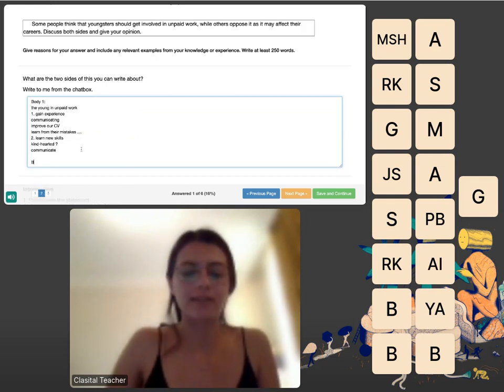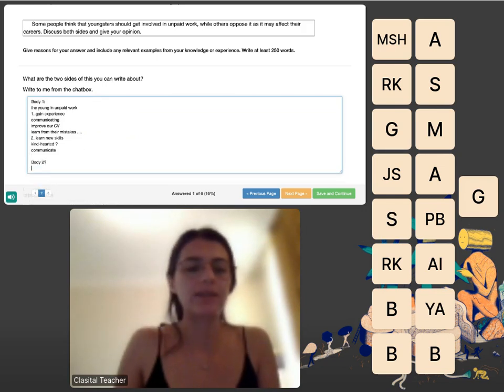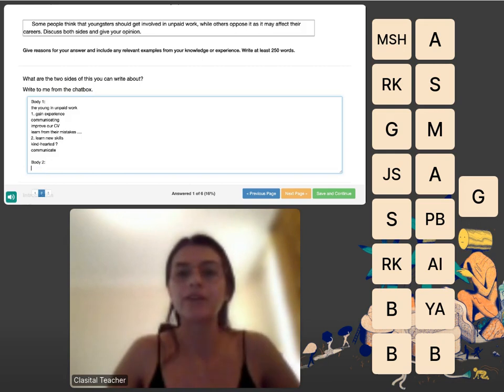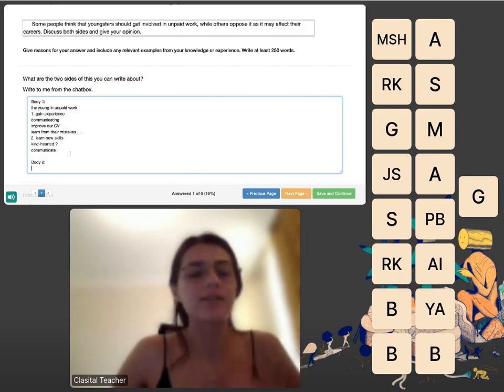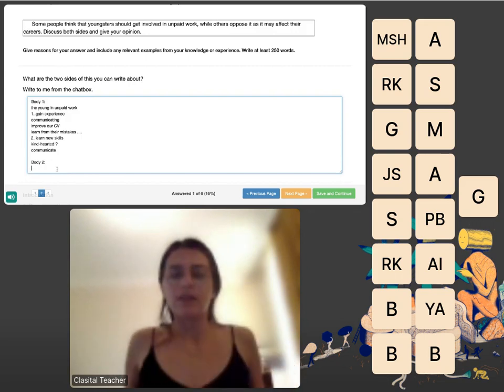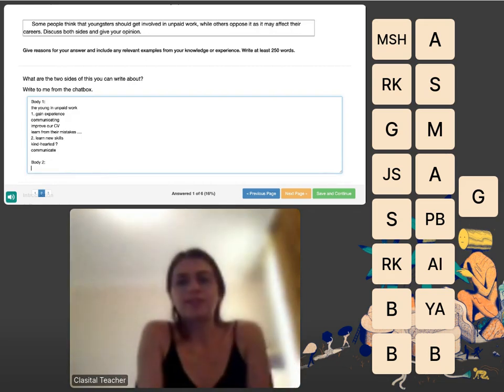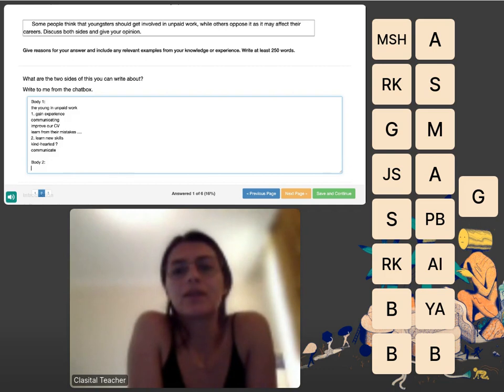Let's talk about the second argument. How can we support the second idea? So let's remember that others oppose this idea, people working for no money, as it may affect their careers. How does this affect their career?